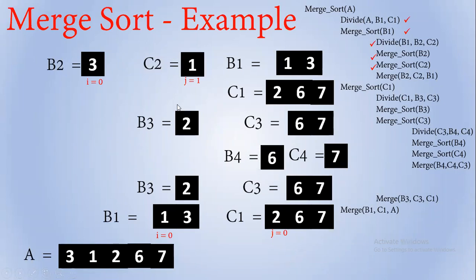Here L is equal to 0 because there is only one element, so the only index it has is 0. Then U is also equal to 0. So L is equal to U.